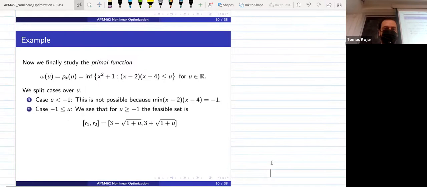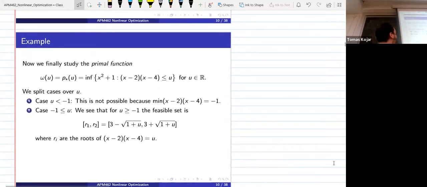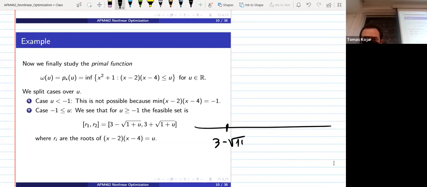Now we look at the other case. This is interesting. So how do I find the feasible set? I simply solved it. I think I mentioned it today. So these bounds, let me draw them in for you: 3 minus 1 plus u, and 3 plus 1 plus u. And this is the function. It does something like this.